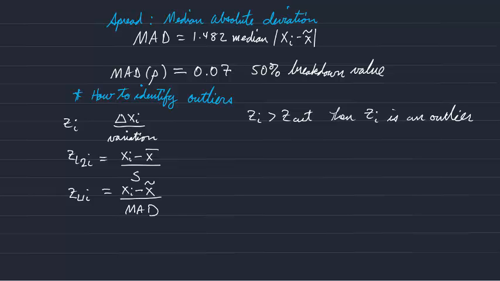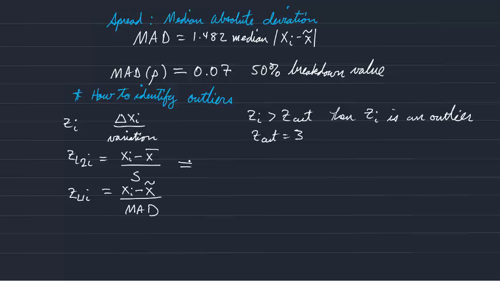What we define as an outlier depends entirely on what we choose for Z cut. But for now, let's say Z cut equals 3. And it turns out that a value of 3 is a very safe value to use, for example, for a Gaussian probability distribution.